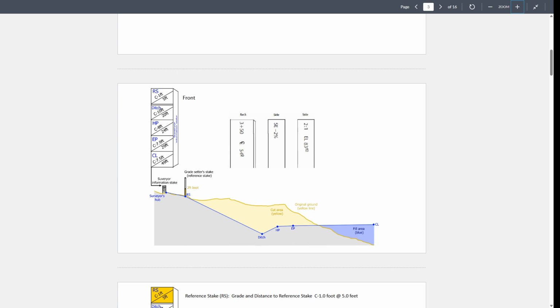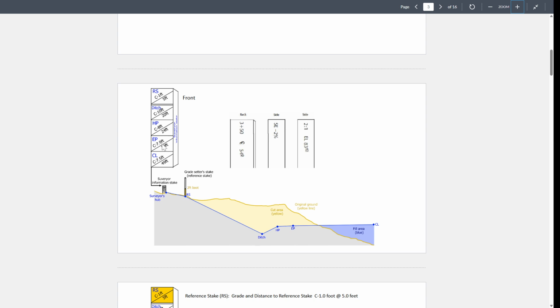Now, what is this distance? 0.4. Let's write that down. 0.4. That's our little rise in there. It's higher. Now, from the edge of pavement to the center line is 49 feet.